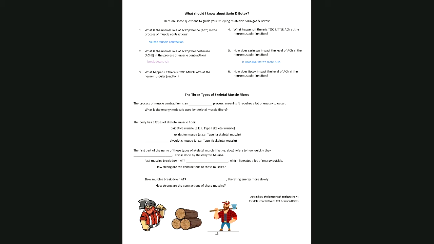And I need acetylcholine to have muscle contraction. So this is why, after Botox, a person can't contract their muscles, because we're not releasing any acetylcholine. So to answer our question, what happens if I don't have enough acetylcholine? Just look at what happens with Botox, because there's no acetylcholine being released, and that leads us to not be able to contract.